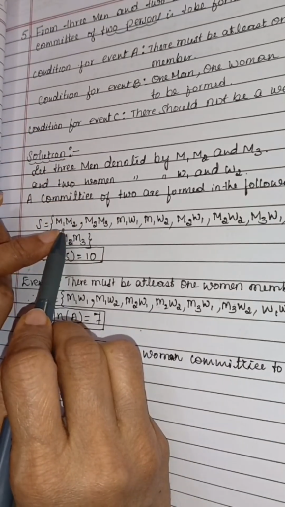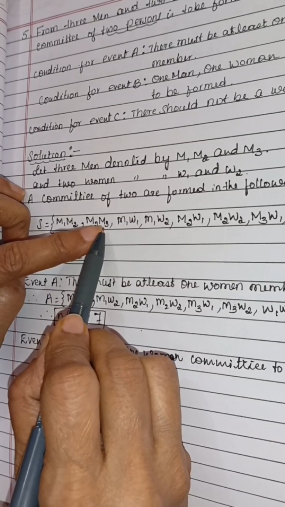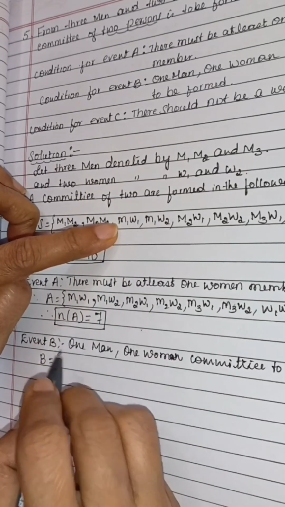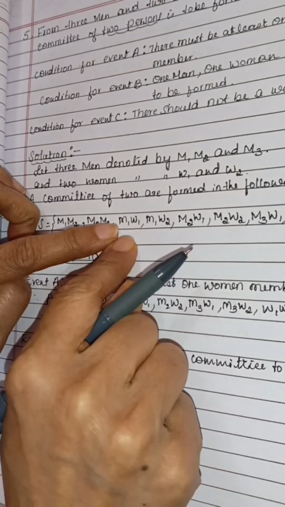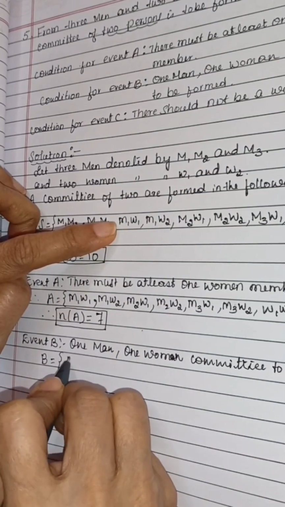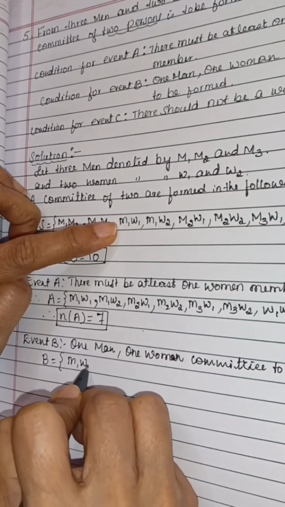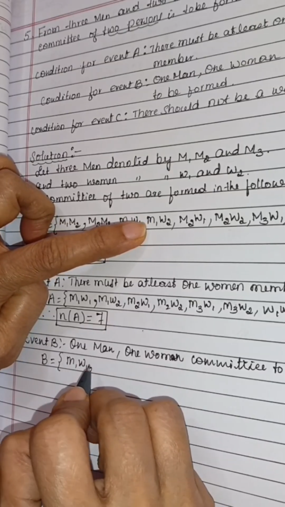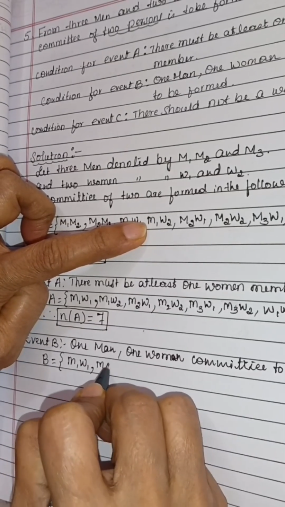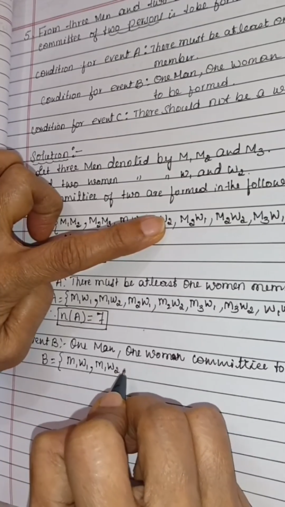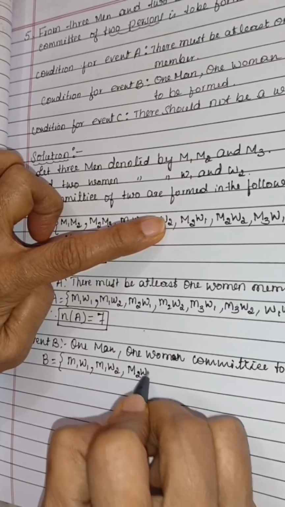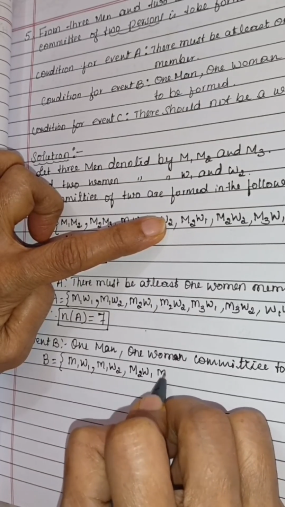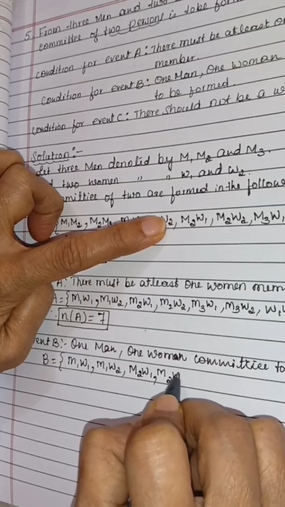See, in the sample space, M1, M2 is both men. M2, M3 is both men. And M1, W1 is one man, one woman. Then M1, W2. Then M2, W1. M2, W2.